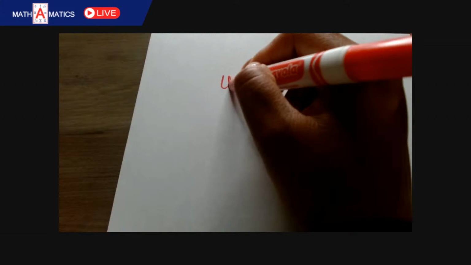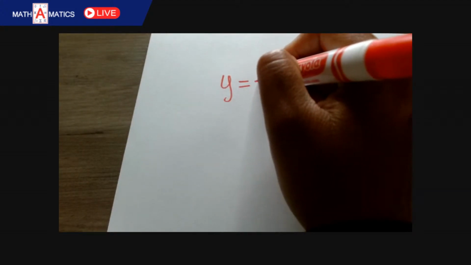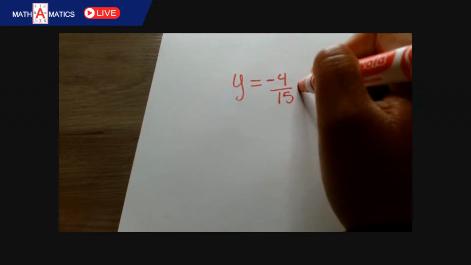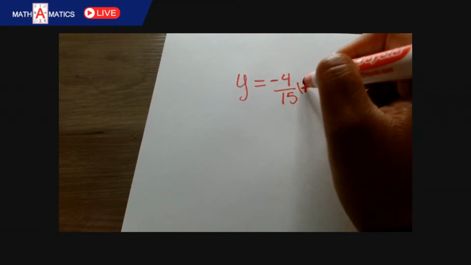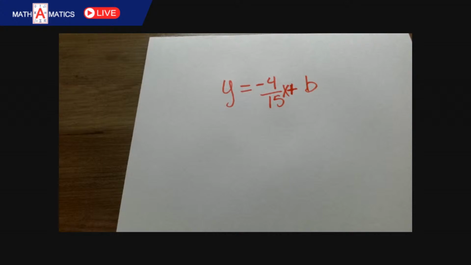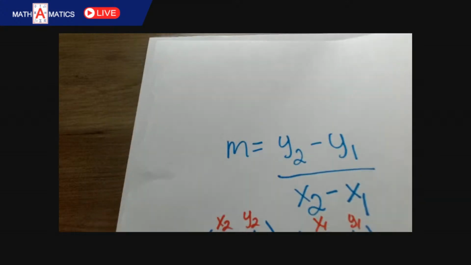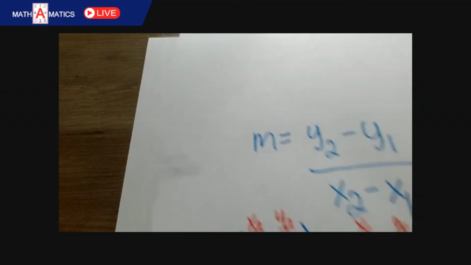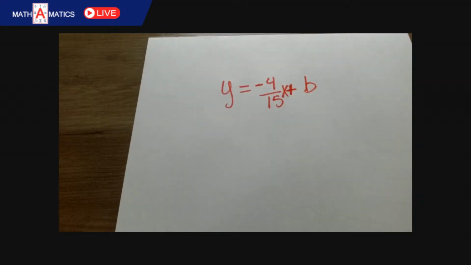So we will do y equals -4 over 15 x plus b. And so we will use one of our original points, which was (8, 10) and (-7, 14). So I'm going to use the 8 and 10. And so we're going to plug them in.